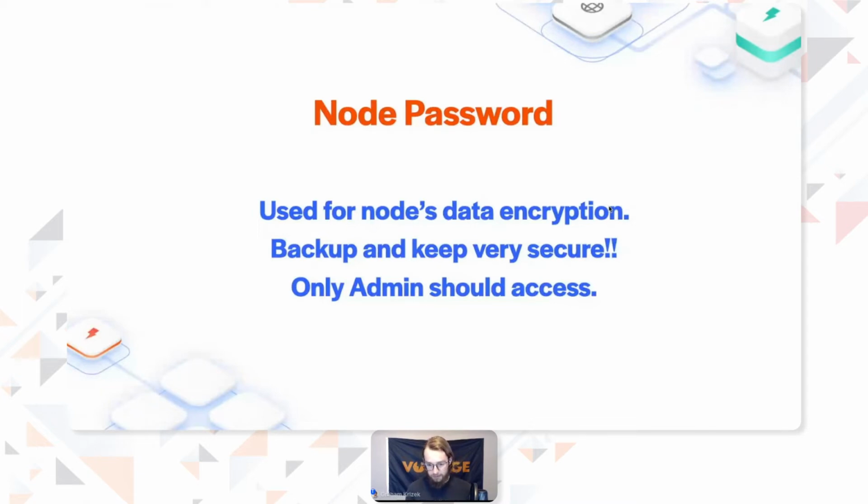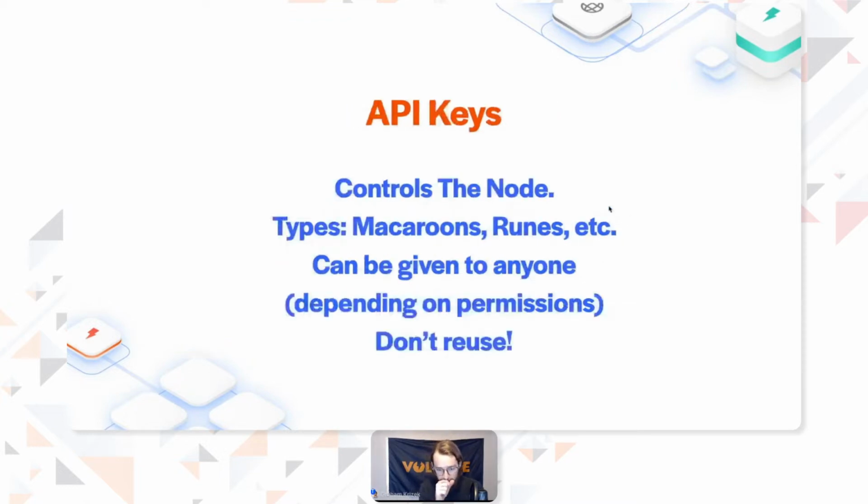You could do things like, every time the node is started up and it's waiting to be unlocked, call an external API that maybe has that password in some super lockdown environment, and it responds and unlocks. Or you can have some tight security controls on the server and have it inside of the server. There are a couple of different ways to handle this, but ultimately, the password needs to be secured, and it needs to be accessed fairly infrequently. Every time your node restarts, it needs to be accessed, but otherwise it can go away, be in a secure spot.